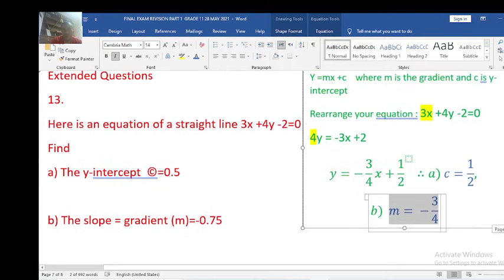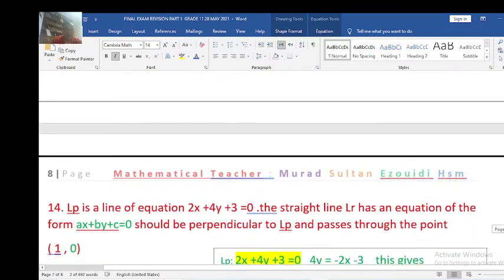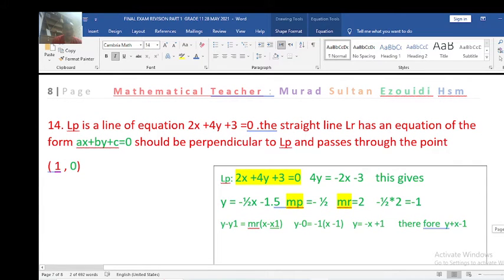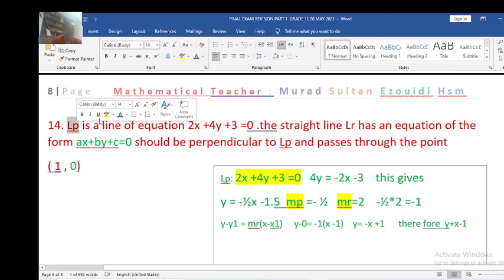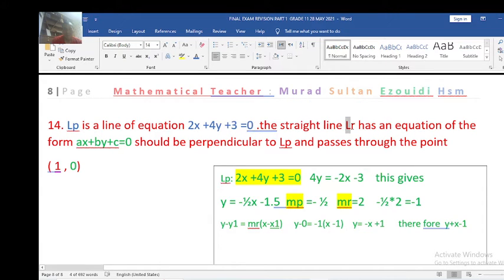Question number 14. Here we have two lines, LP and LR. LP has the equation 2x plus 4y plus 3 equals 0, and LR is another straight line with equation ax plus by plus c equals 0.